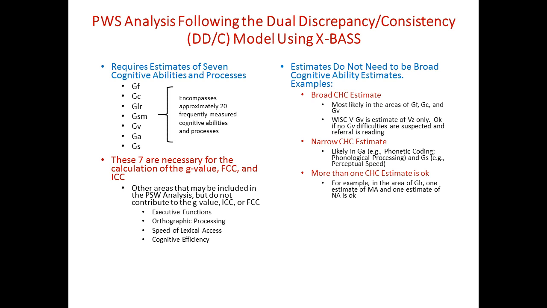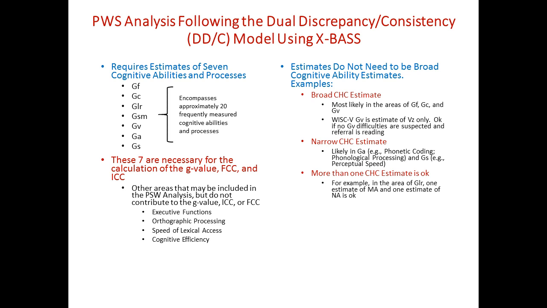So they're used to calculate what we call a G value and what we call the FCC, the facilitating cognitive composite, which is made up of the individual's cognitive strengths, so it's a summary of the individual's strengths, and the inhibiting cognitive composite, which is a summary score of the individual's weaknesses. Now, we also allow for other areas to be evaluated within the context of the RPSW model in XFAS.